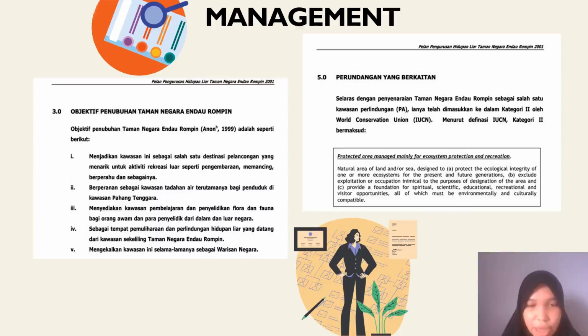Second is to act as a water bank to prevent natural disasters such as floods from happening. Third is to provide places for researchers to do study and research on animals and plants in this place. Fourth is to act as a conservation and protected place for wild animals. And the last one is to maintain this place as a national heritage forever.